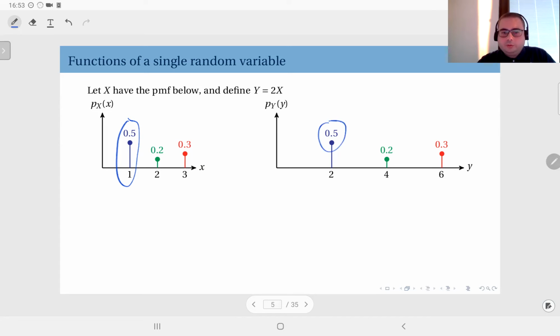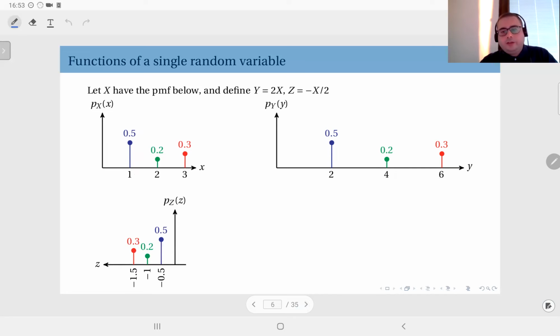Similarly, when x equals 2, y would be 4, and that happens with 0.2 probability. And finally, when x equals 3, y equals 6, and this happens with probability 0.3. Simple as that. Let's look at another one.